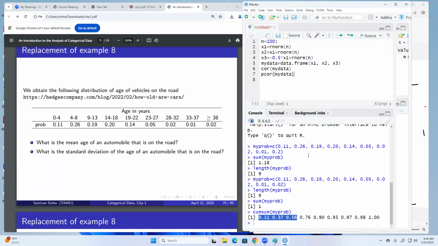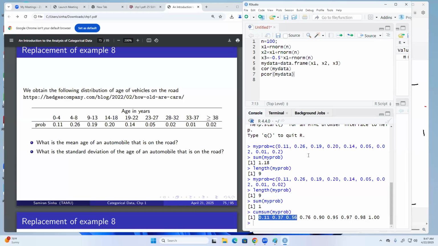Third category means age between 9 and 13 years. If you add all the probabilities up to age 9 to 13 years, the total will be 0.56. On the other hand, if you add the probabilities up to 4 to 8 years, it will be 0.37 probability. So the median is between 9 and 13 years.